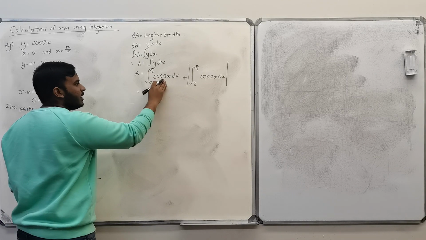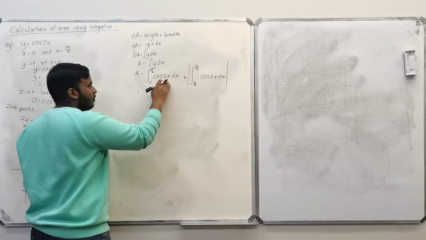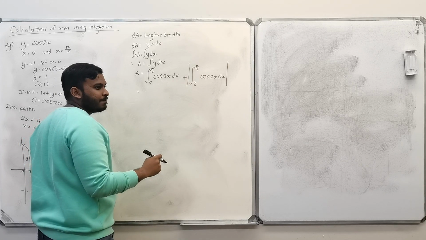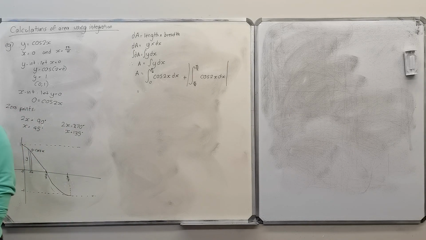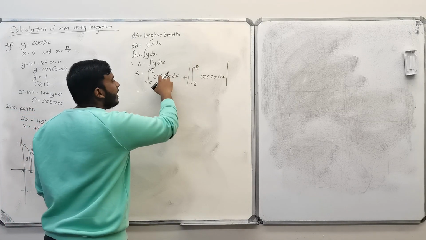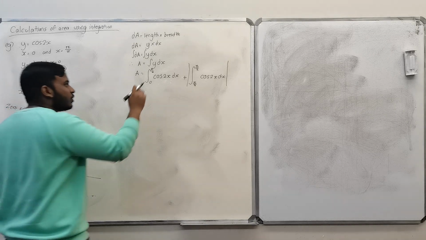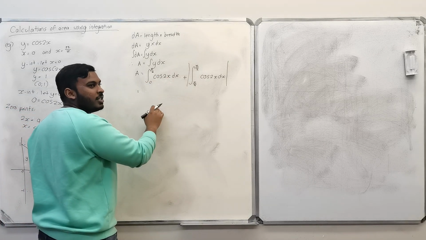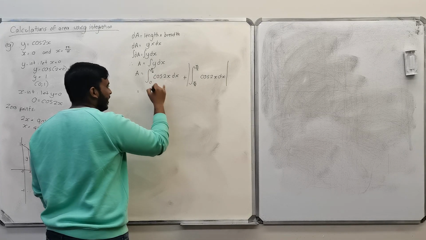Now we integrate this. Yes? Okay. So what's the integral of cos 2x? Sin 2x over 2. Because remember this is cos kx, not cos of x. So cos kx, when you integrate it, it's sin kx over k.